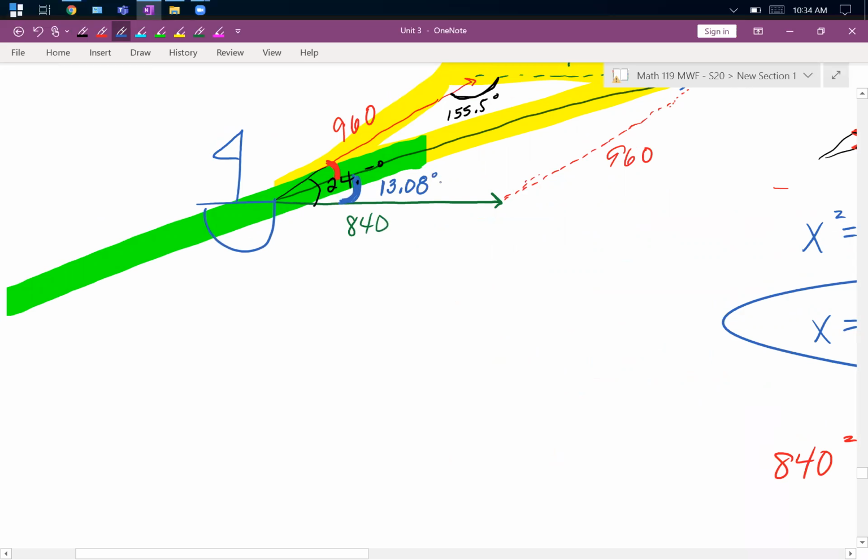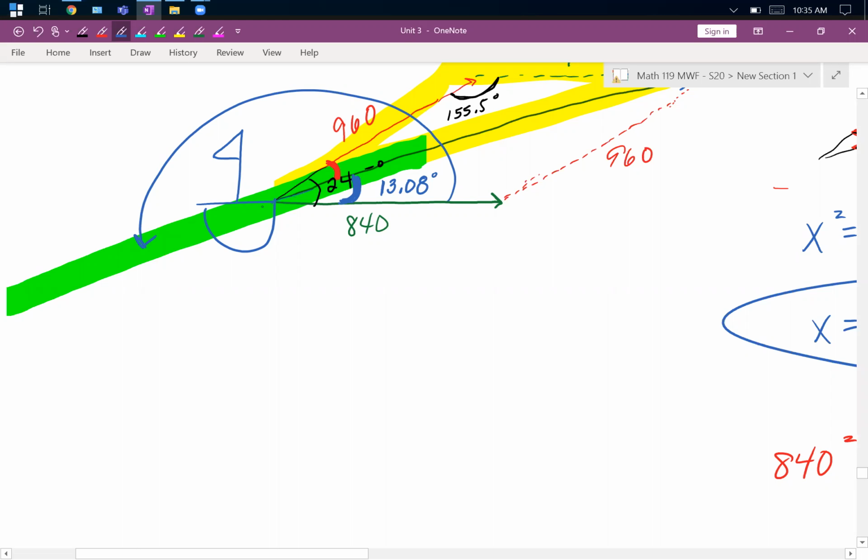All right. So it's this, and now we need to get over here. So if this is 180 degrees, we actually need to add the 180 degrees to 13.08 so that we get from the horizontal, which is the green, over there.